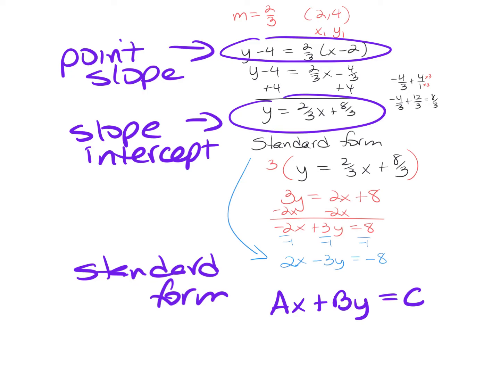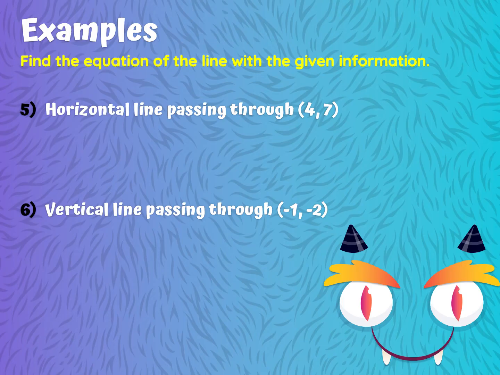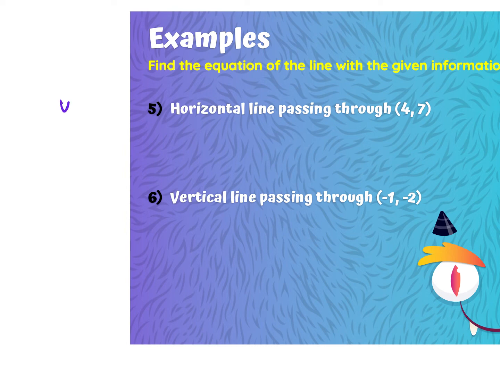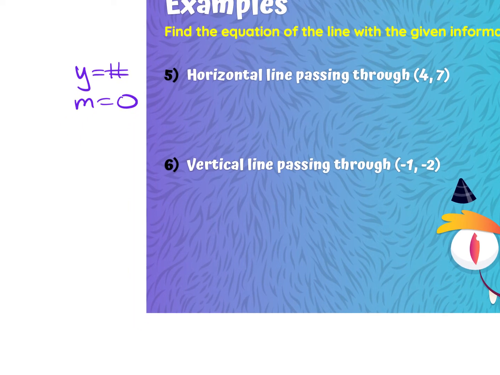So remember, back in section 1a, we learned that a horizontal line is always going to be y equals a number. Remember, the slope of a horizontal line is 0. For a vertical line, the equation would be x equals a number. And then remember, the slope was undefined.